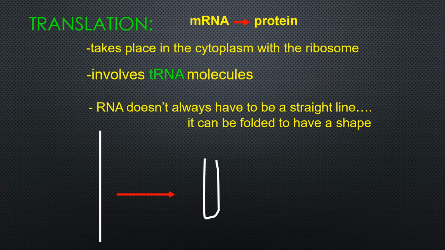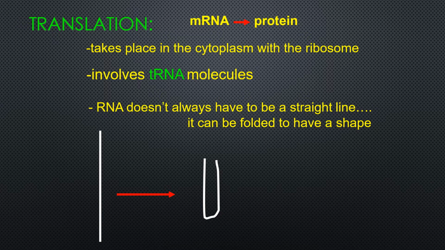So the translation portion is when we take the messenger RNA and from it make a protein. This is taking place in the cytoplasm with the ribosomes. Ribosomes are in our cytoplasm, and it involves our second type of RNA, which is tRNA, which stands for transfer RNA. So far, our messenger RNA has basically looked like a straight line that was complementary to the DNA.